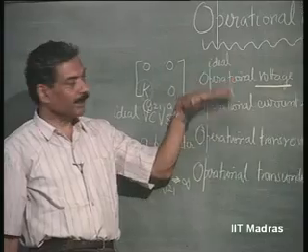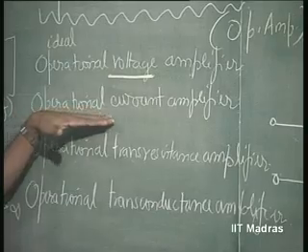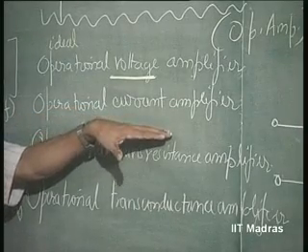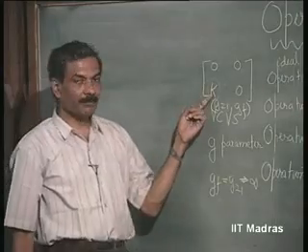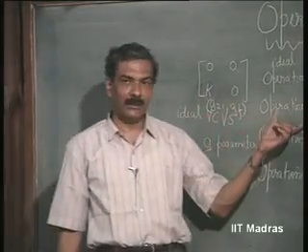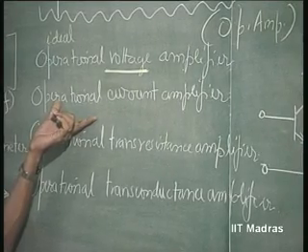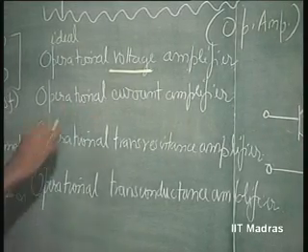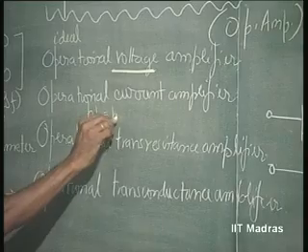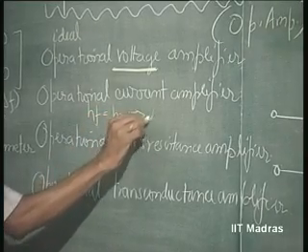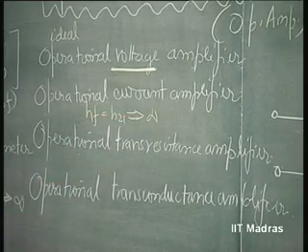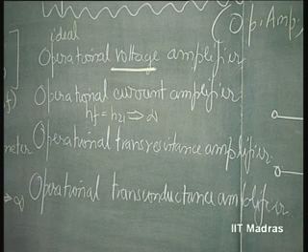Same way we can define ideal operational current amplifier if we take, instead of G parameters, H parameter, and make Hf or H21, Hf equal to H21 tend towards infinity, then it becomes an ideal current amplifier.